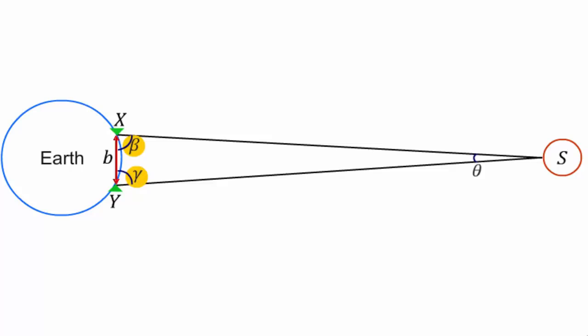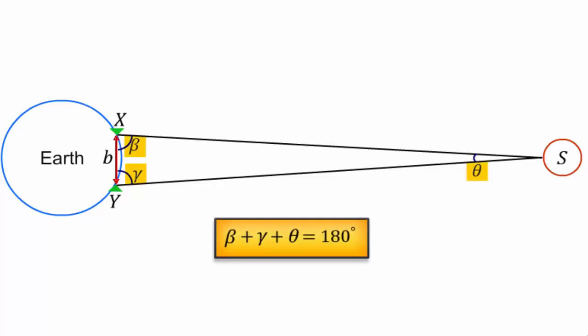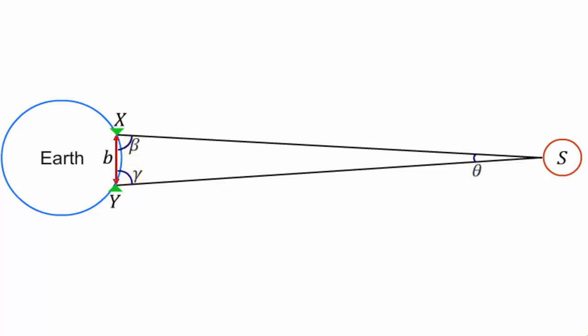As the sum of the angles in a triangle is equal to 180 degrees, and knowing the values of beta and gamma, we calculate the angle XSY between the two directions along which the planet is viewed from these two points. This angle, denoted by theta, is known as the parallax angle or parallactic angle.